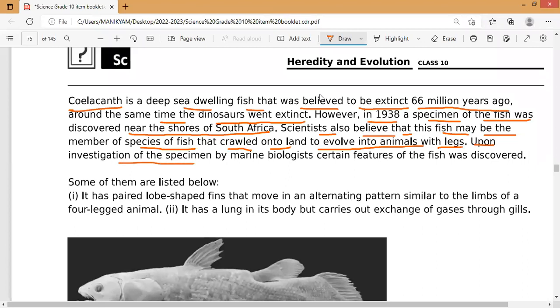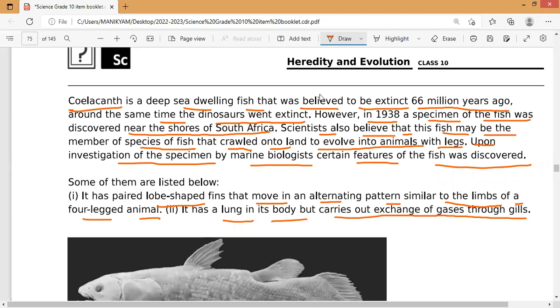Upon investigation of the specimen by marine biologists, certain features of the fish were discovered. Some of them are listed below. It has paired lobe-shaped fins that move in an alternating pattern similar to the limbs of a four-legged animal. It has a lung in its body but carries out exchange of gases through only gills.